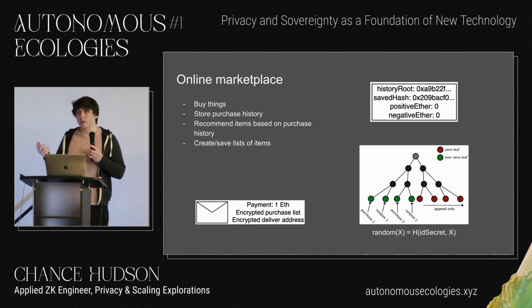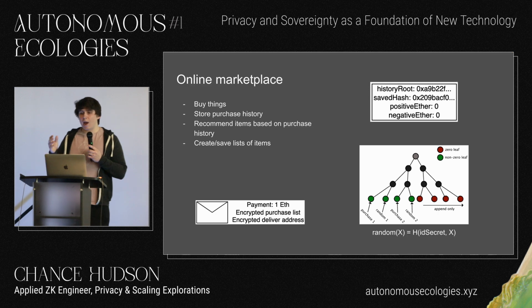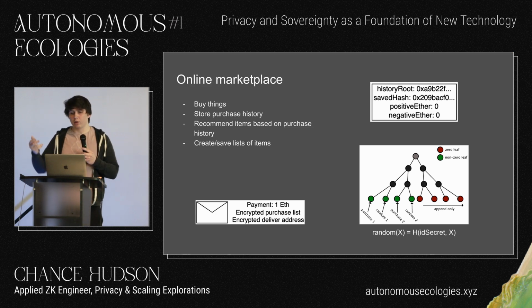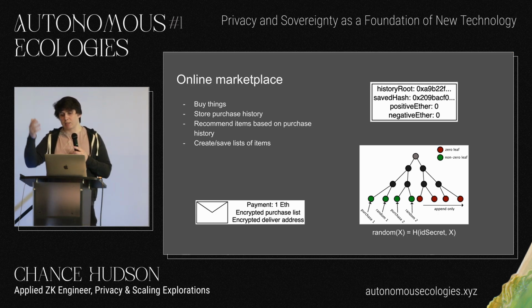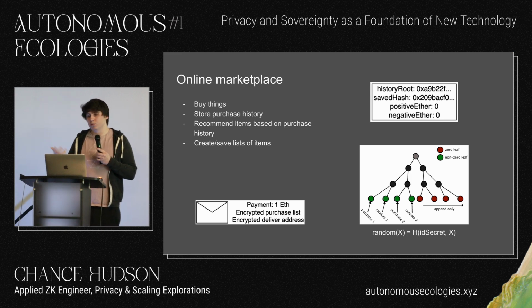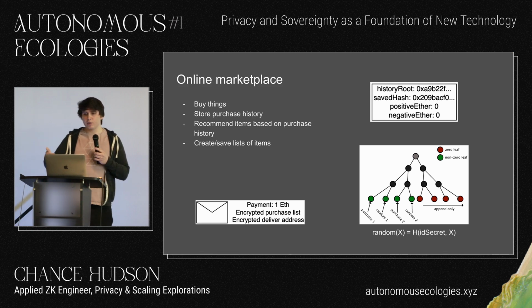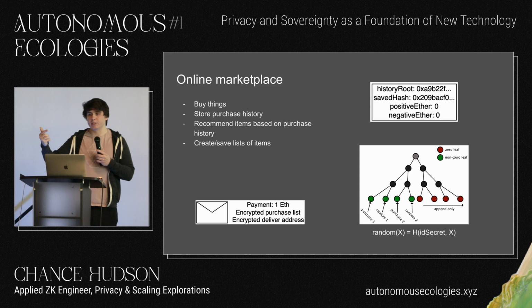So if there are only 100,000 public hashes, you could just try to combine them all in different combinations and figure out which root matches the root that a user has posted. If they add a secret random element, then you can't do this because you would have to break the hash function. So yeah, the user updates this tree in ZK, and their history root gets updated.